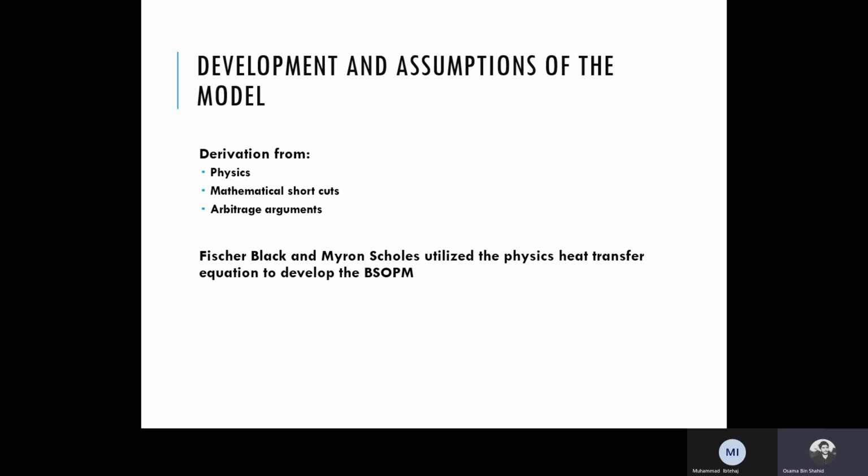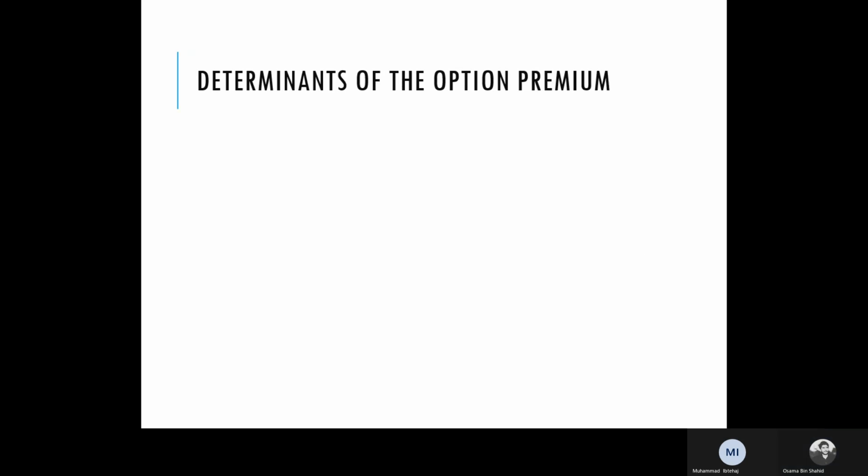So they use the heat transfer equation basically to start their formula for a Black Scholes model, and then they use the mathematical shortcuts and arbitrage argument to reach a point where it is now a certain small formula which we can conveniently use to calculate the call option or option premium.